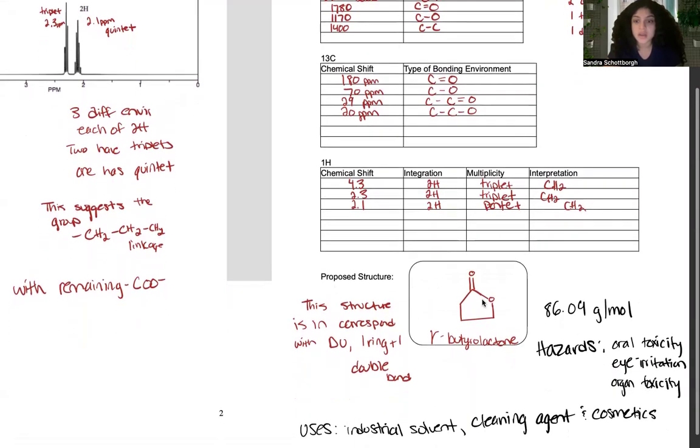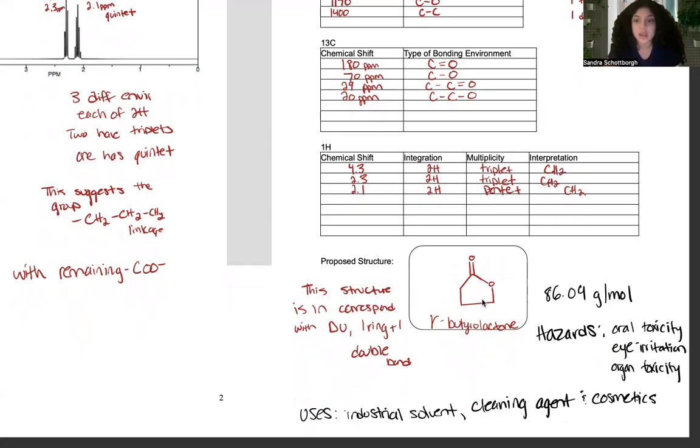This has 86.9 grams per mole, and it does have a few hazards such as oral toxicity, eye irritation, and organ toxicity if ingested. This compound is mostly used for industrial reasons, such as an industrial solvent. It's also used as a cleaning agent, and it is used as a binder in cosmetics.